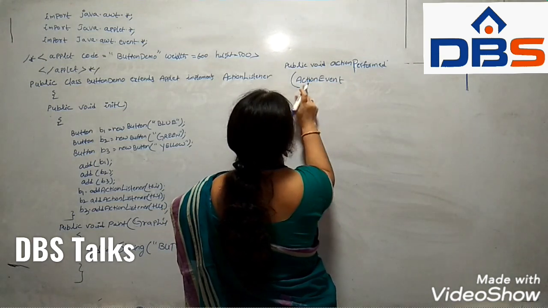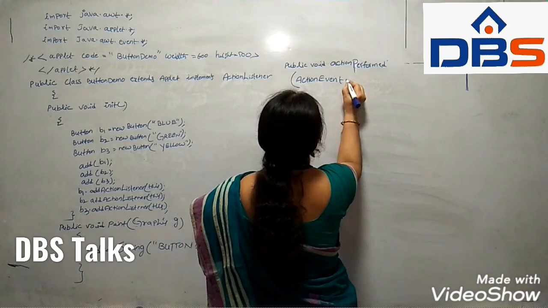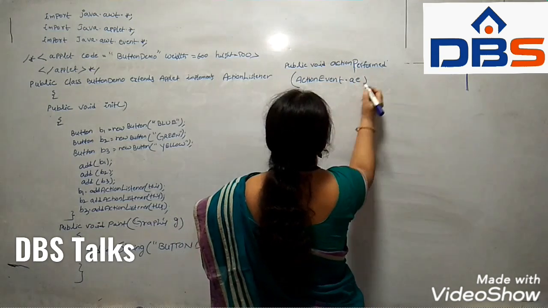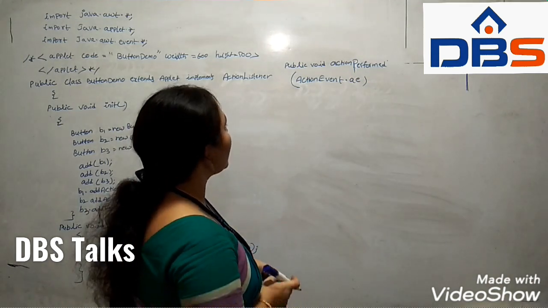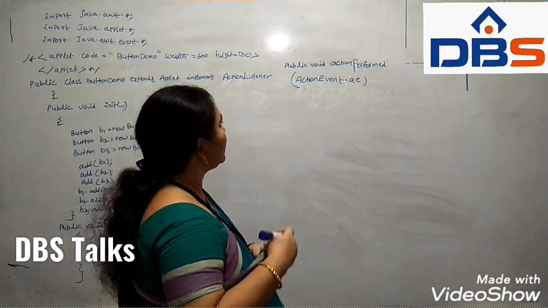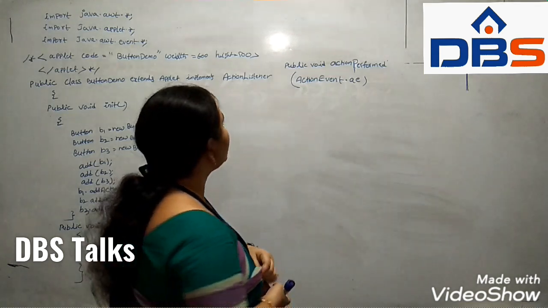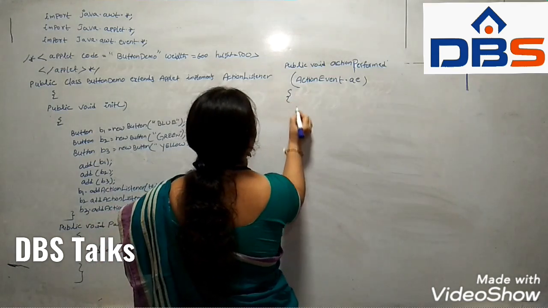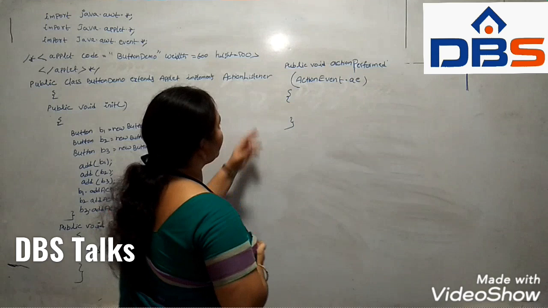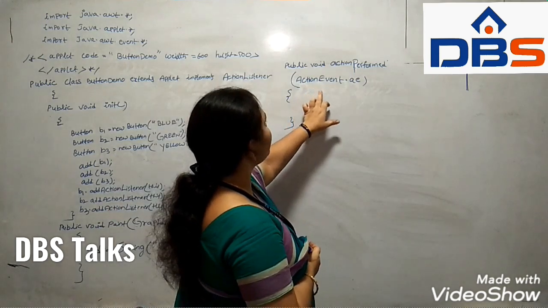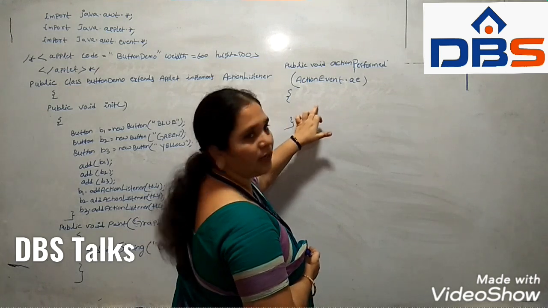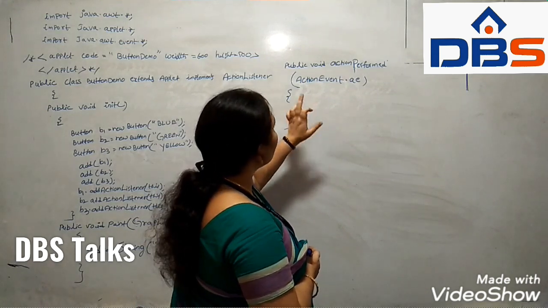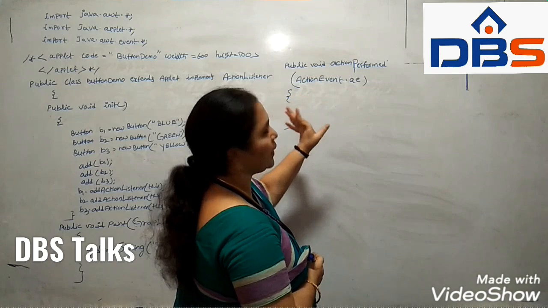There is no space between them. We use this method to perform the actions according to the event. Here I just wrote it empty. The actionPerformed method is empty; I have not written any action here. I wrote only the empty method.